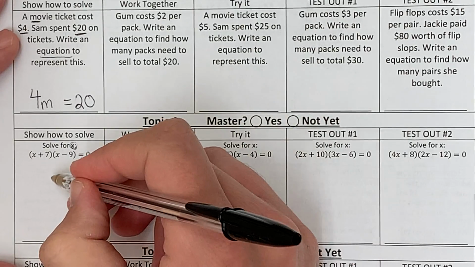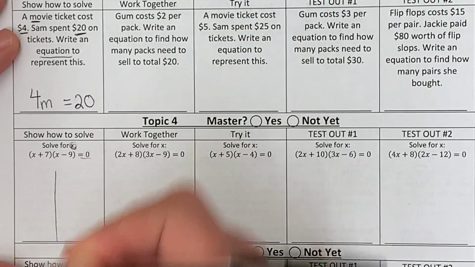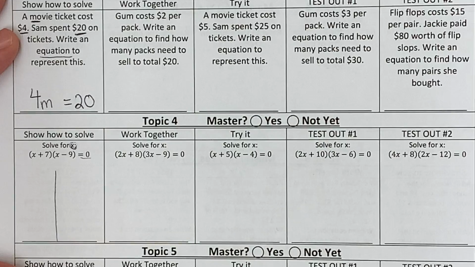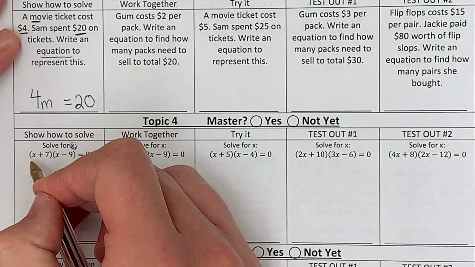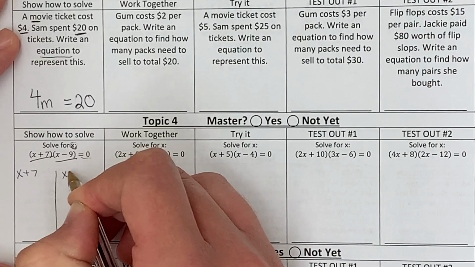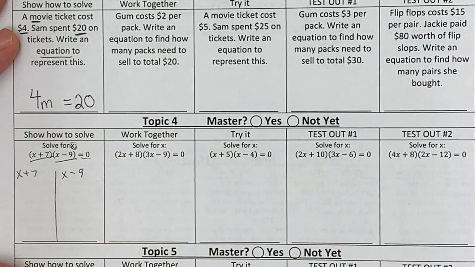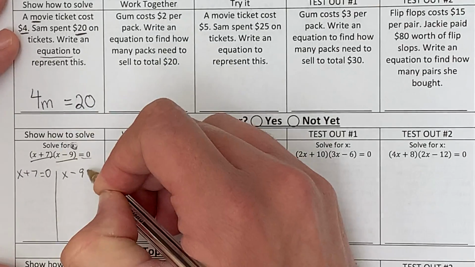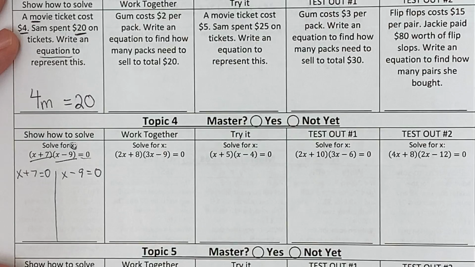So what I'm going to do is draw a line down the middle. And then we're going to make both of these two little equations. So x plus 7 is going to come over here. x minus 9 is going to go over there. And then that equals 0 is going to come down on both of them. So equals 0 here and equals 0 right there.